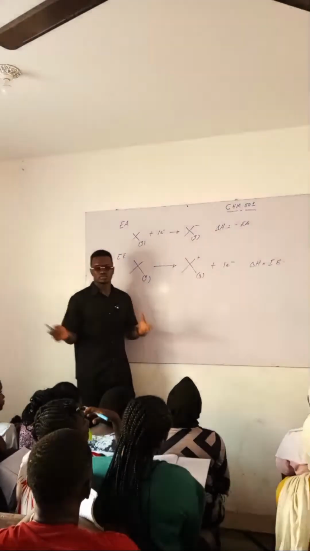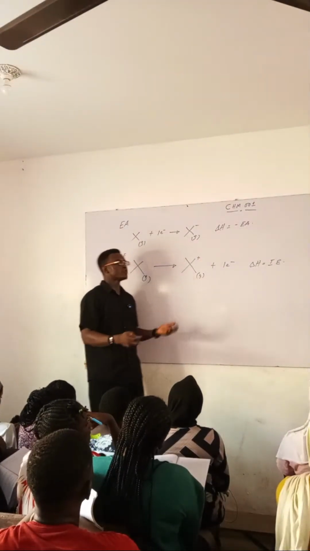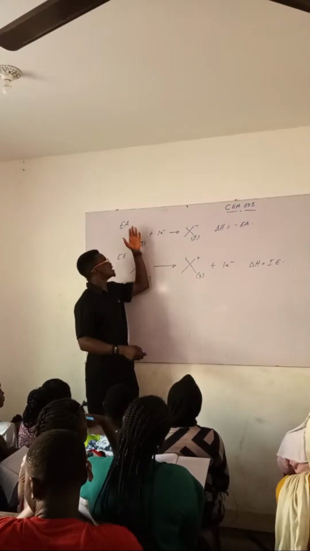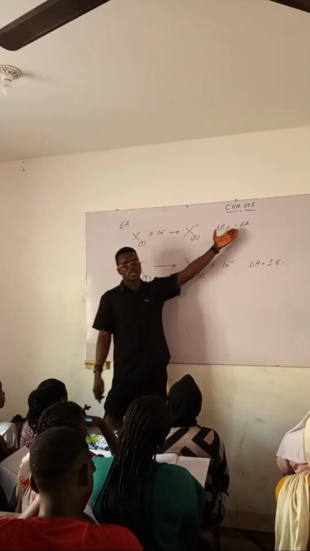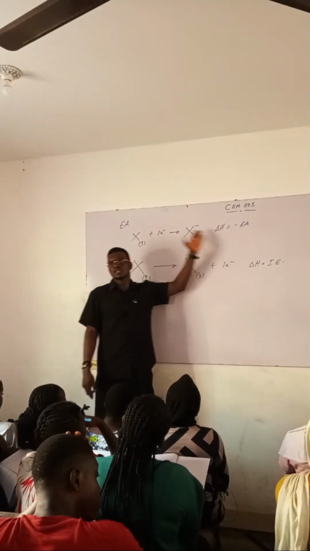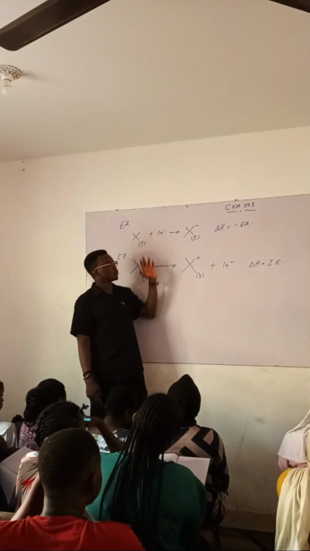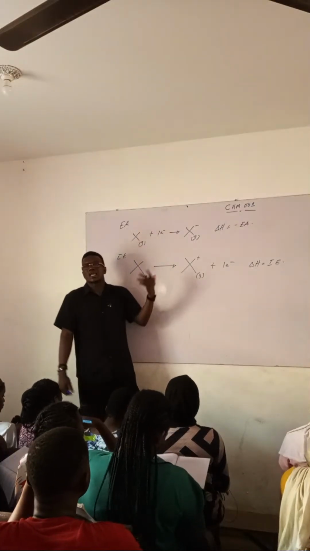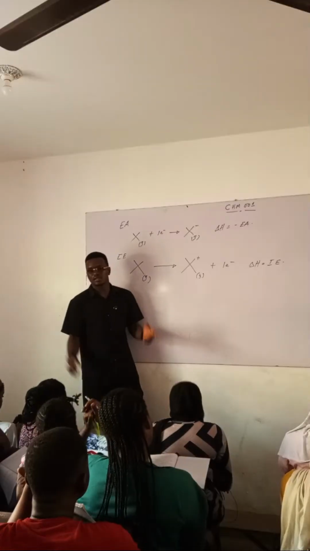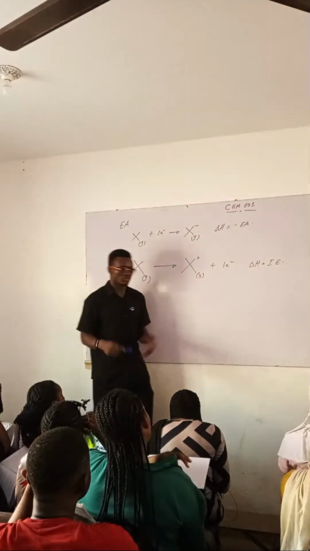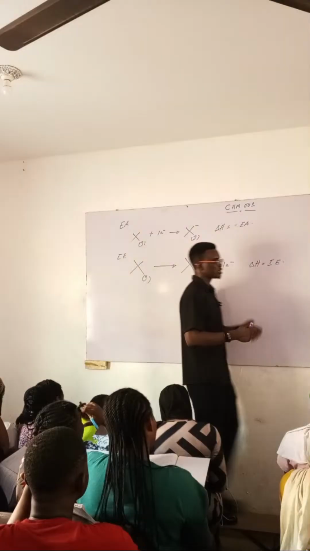For our level, even though there are differences, you should just know that energy released, which is more like an exothermic process, is electron affinity, while ionization energy is more like an endothermic process. That is not 100% true, but for your level, take it.